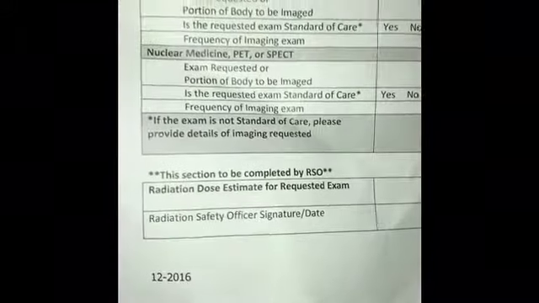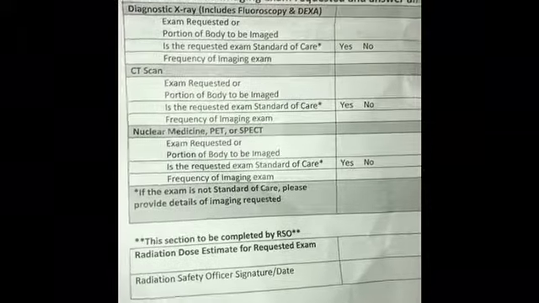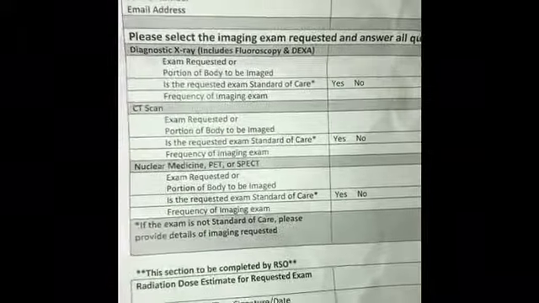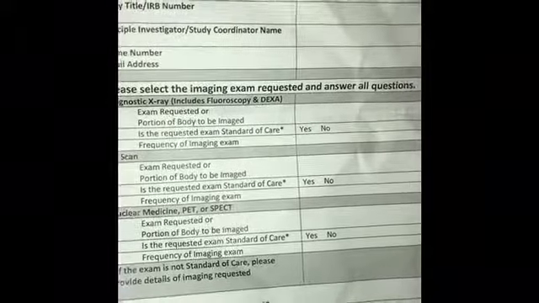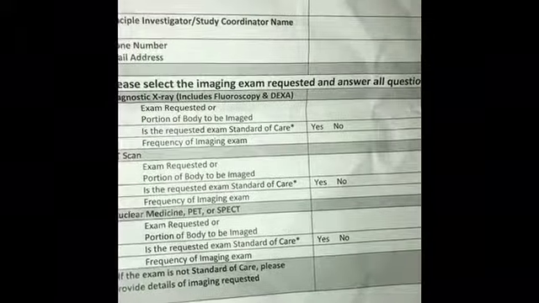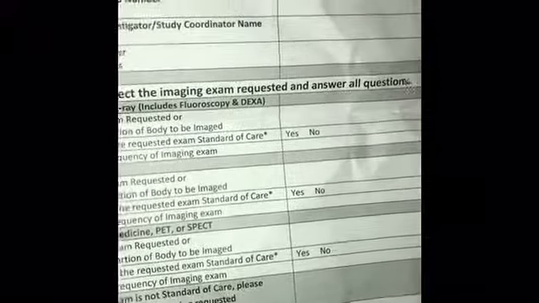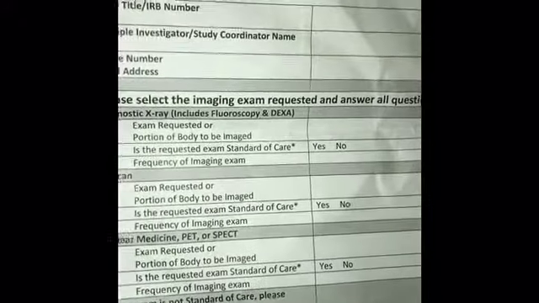This section also will be signed by the RSO, and it will also include a radiation dose estimate for the requested exam, and this will be sent off for approval or denial. So for radiation, all human subject protocols that involve exposing individuals to radiation must be submitted to the research lab and safety services for review and approval.